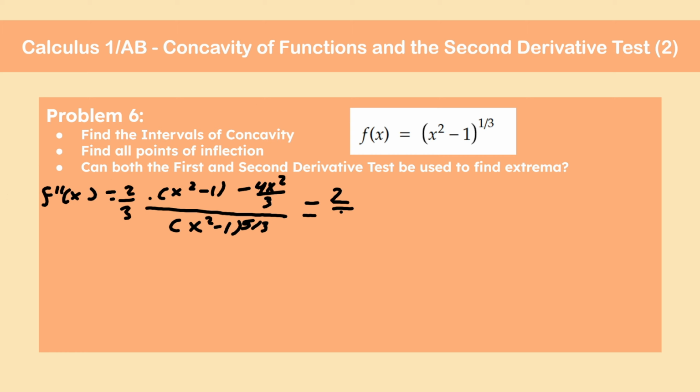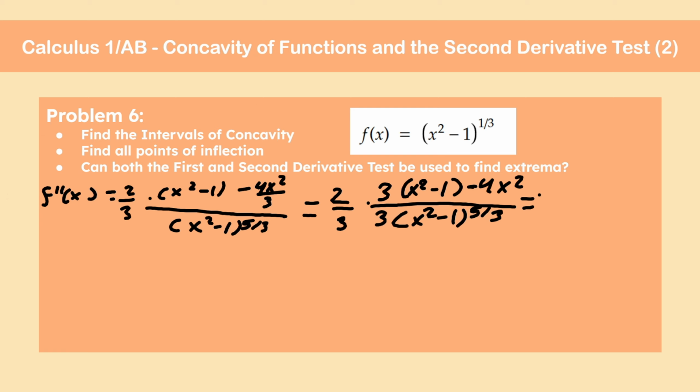So now we have 2/3 multiplied by 3x² minus 1 minus 4x² all over (3x² minus 1) to the power of 5 over 3. And now I'm going to simplify this, and then this will turn into 2 over 3 multiplied by 3x² minus 3 minus 4x² all over (3x² minus 1) to the power of 5 over 3.